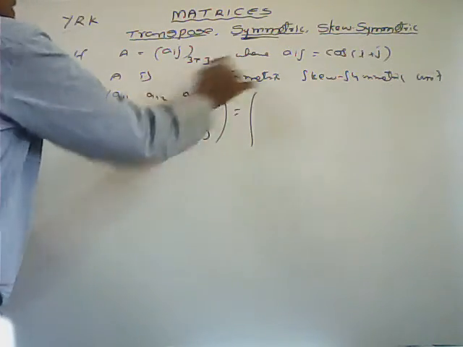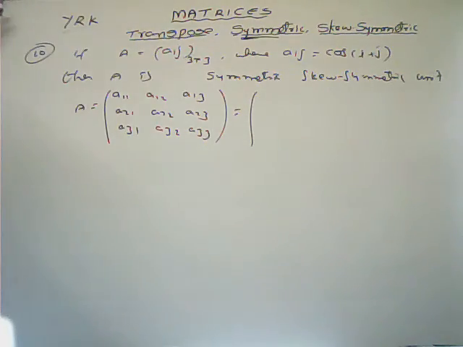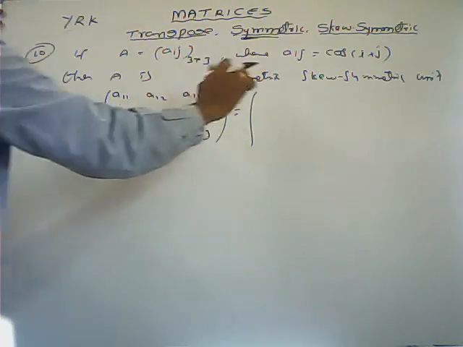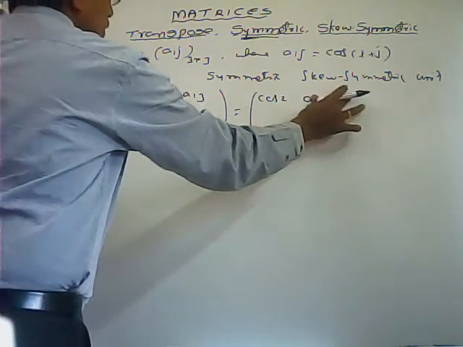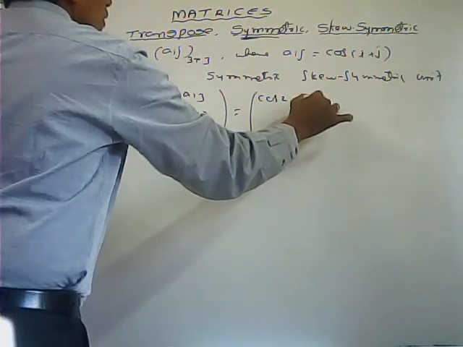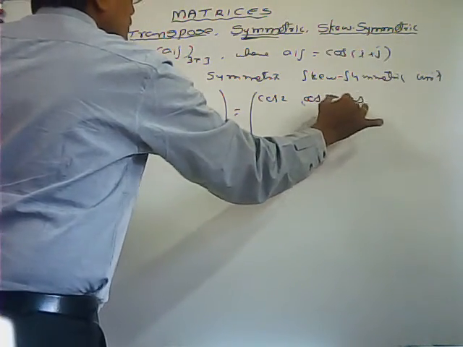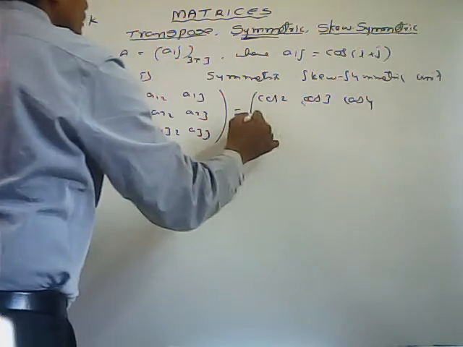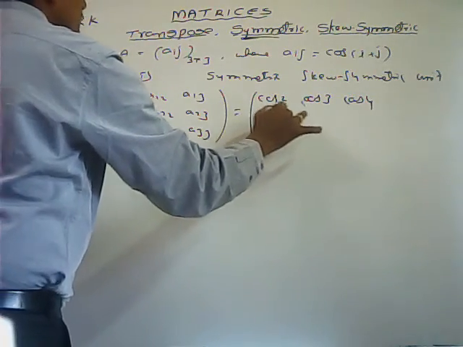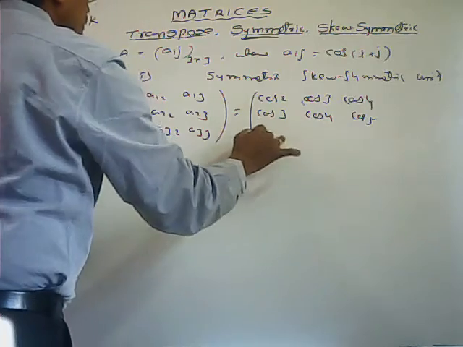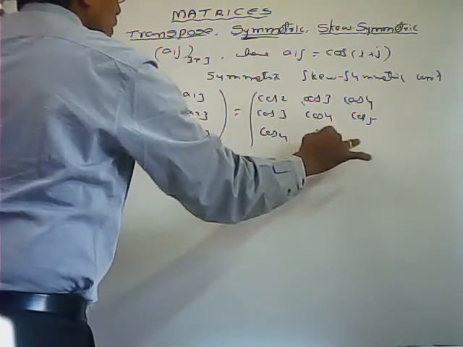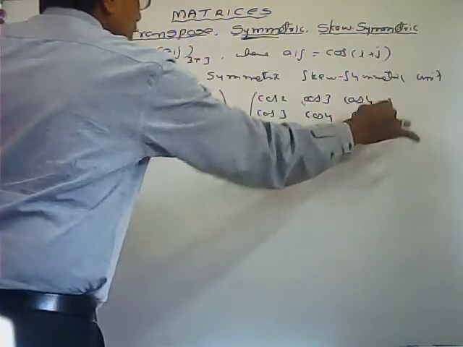And here Aij is equal to cos of i plus j. A11 is equal to cos of 1 plus 1, that is cos 2, then cos 3, cos 4, cos 3, cos 4, cos 5, cos 4, cos 5, cos 6.